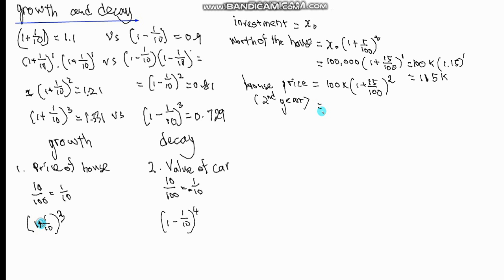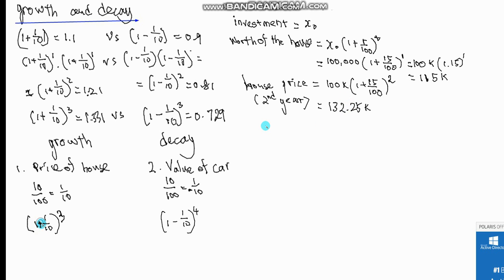So using this formula and a calculator, the net worth of the house at the end of the second year is 132.25K. Okay, we work it out this way.